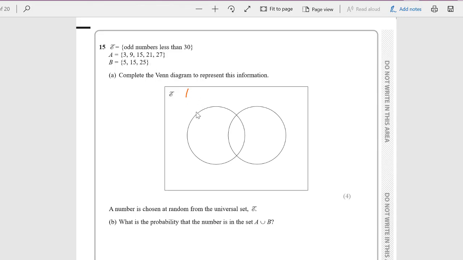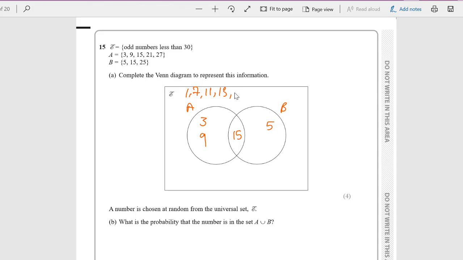Let's label this A and this B. So 1, 2, 3, well 3 goes there. 4, 5, so we've got 5 in B. 6, 7, 8, 9, 9 is in there. 10, 11, 12, 13, 14, 15. Well, we've got 15 here and 15 there, so we put it in the union.